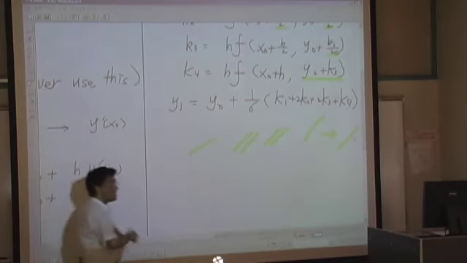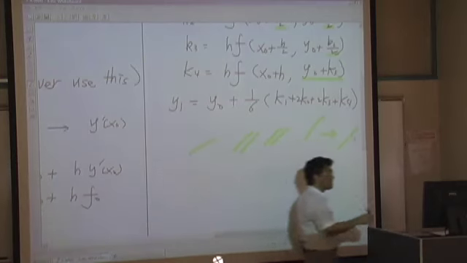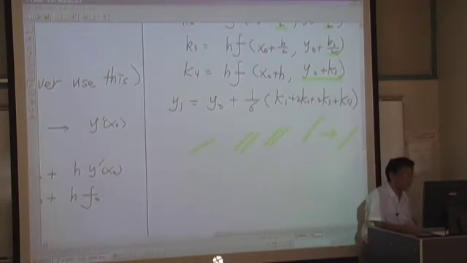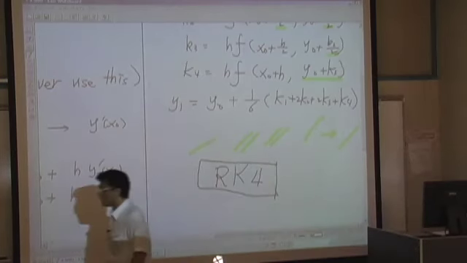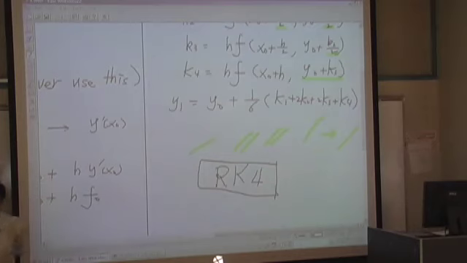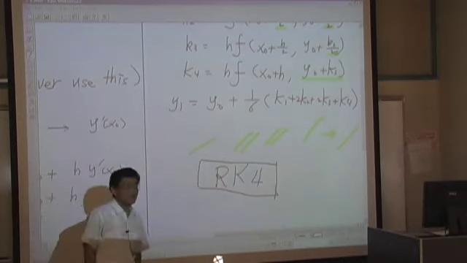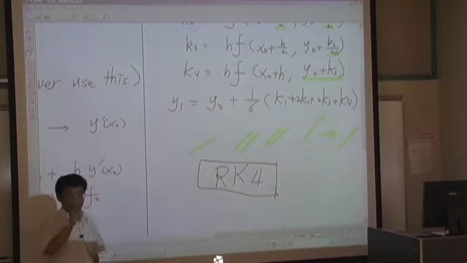In some sense, for initial value problems, RK4 is the best method. But sometimes the differential equation is very bad, and RK4 may not work, but in many cases RK4 gives the best result.